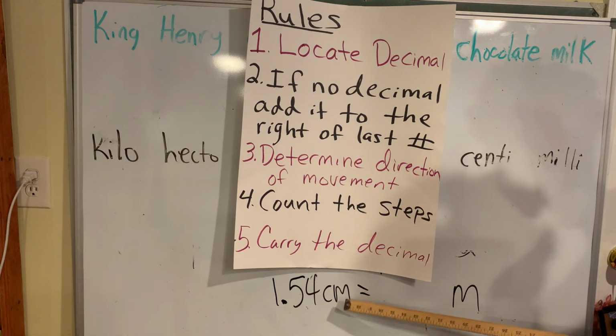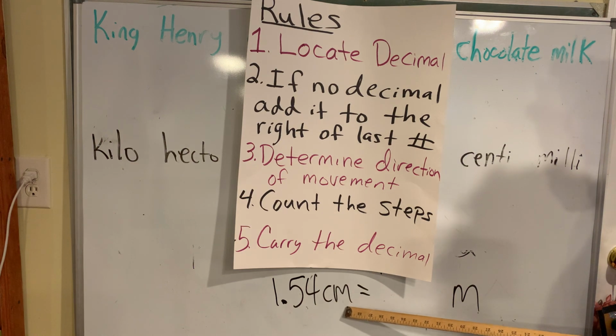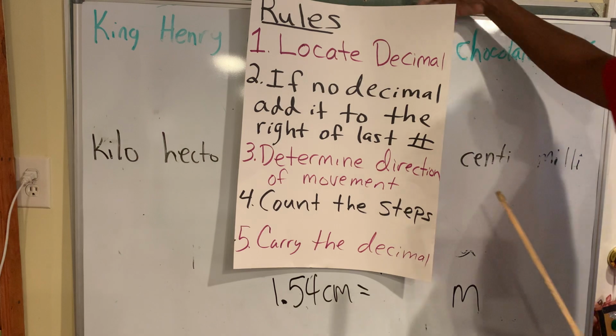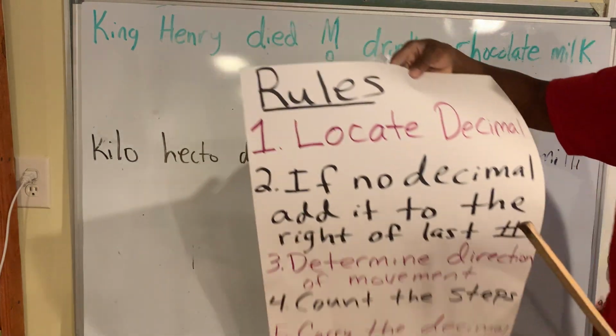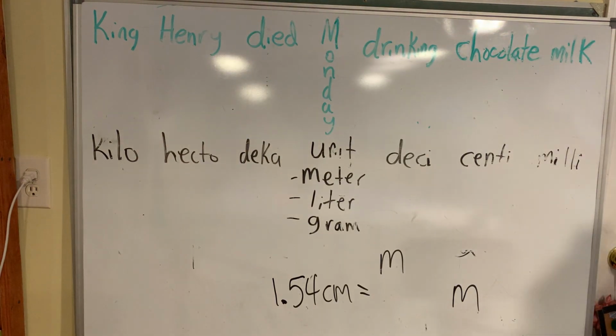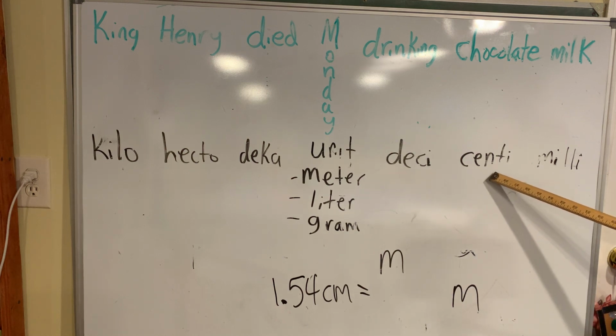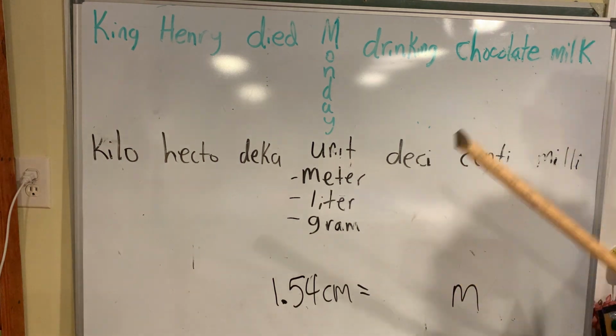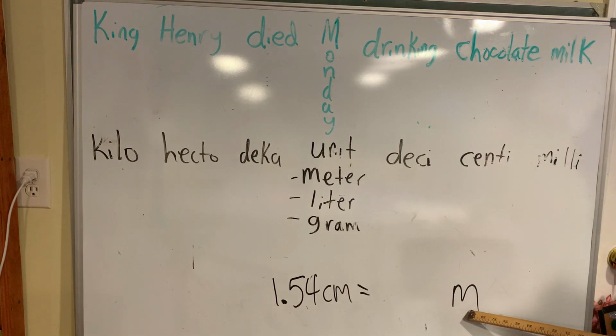How do I know which way to move? I'm starting at centimeters, and we know this is a prefix and a unit together. Which one am I going to start on? Centimeters is right here, so I'm going from centimeters to meters. How do I know that that is meters?